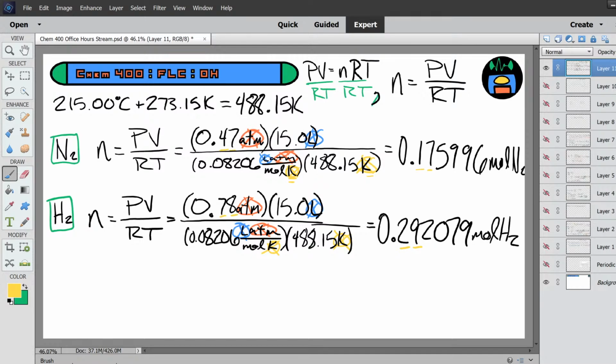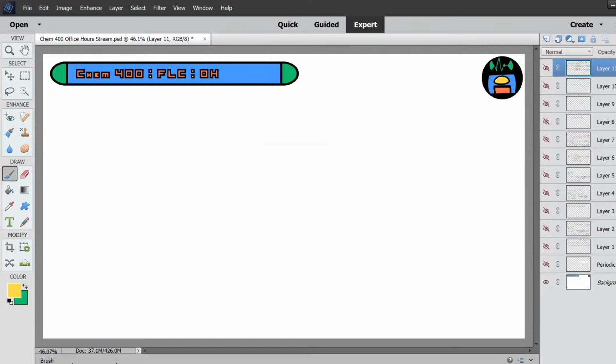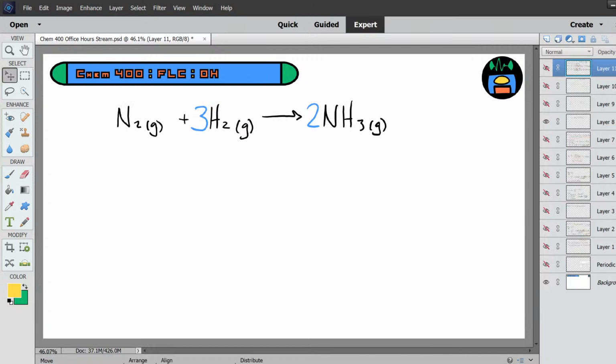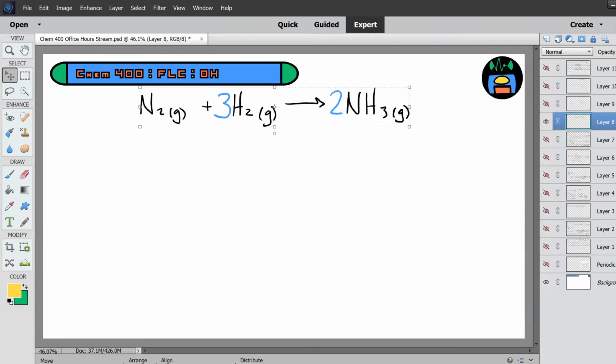So now that I have my moles of both nitrogen and hydrogen, we can do our limiting reactant calculation because these are our initial quantities. I'm going to bring back my balanced chemical equation now because this is when we need it. Move it a little higher though. There we go.